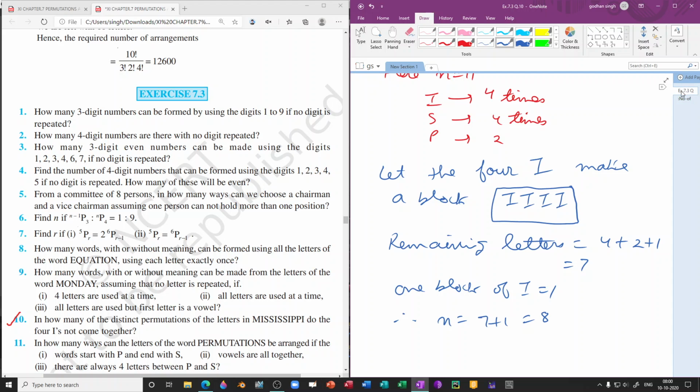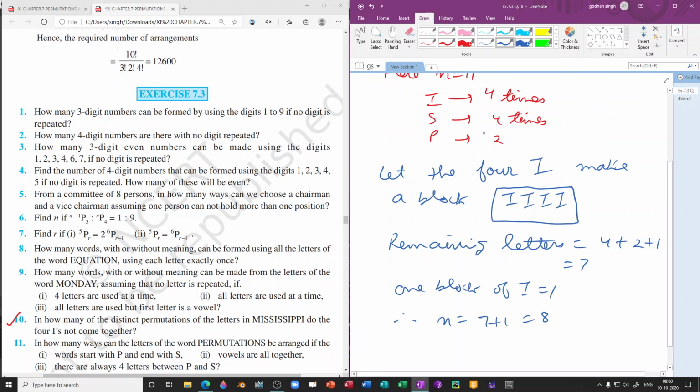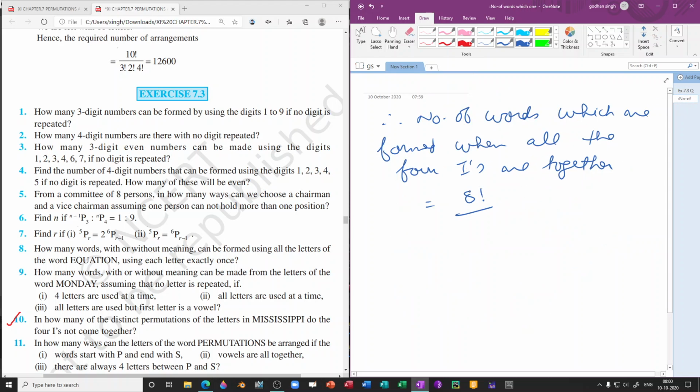If you look back, I is being repeated, S is being repeated, P is being repeated, but I we have taken as one single block. So in this 8 we can see that P and S are being repeated. So the number of words which can be formed is 8 factorial over, and the letters being repeated are S and P. S is coming 4 times, P is coming 2 times, so we'll divide 8 factorial by 4 factorial and 2 factorial.